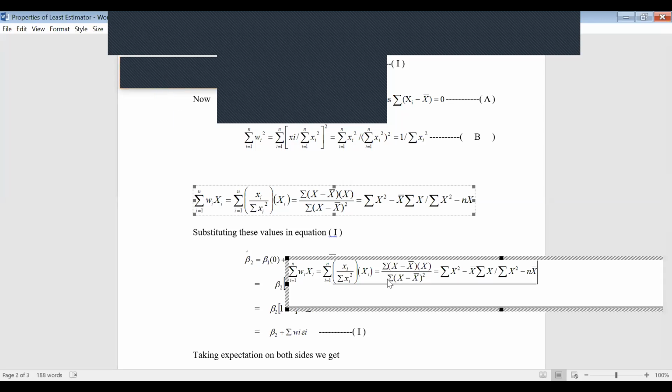Just expand the square formula in the denominator, that is, we will get summation xi square plus x bar square minus 2 xi x bar.